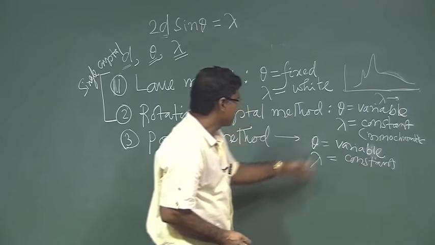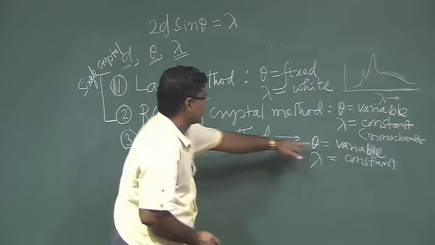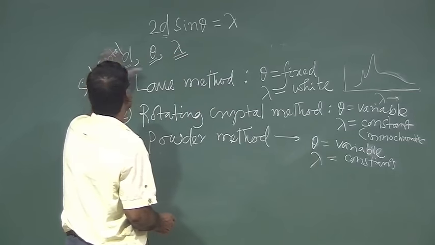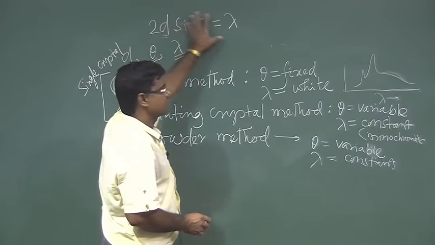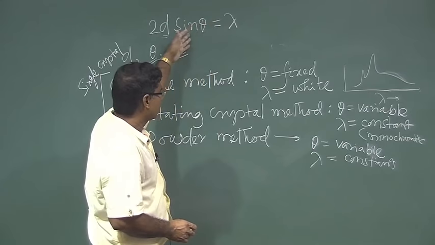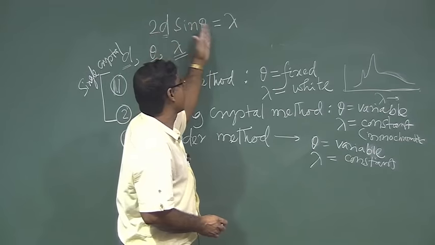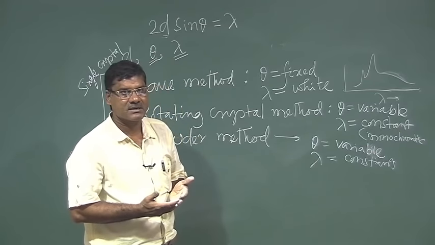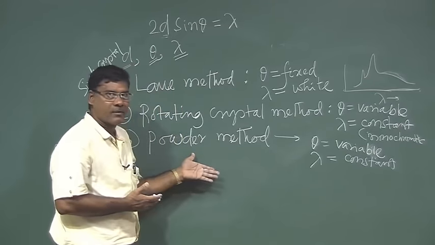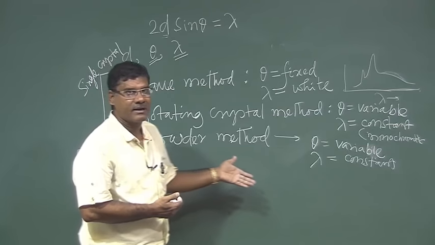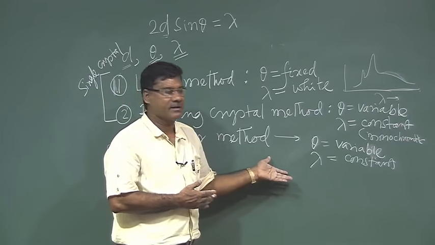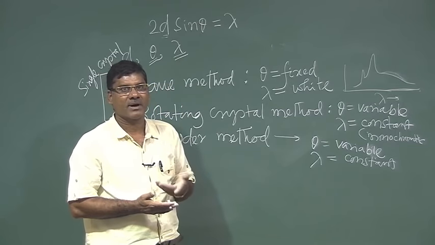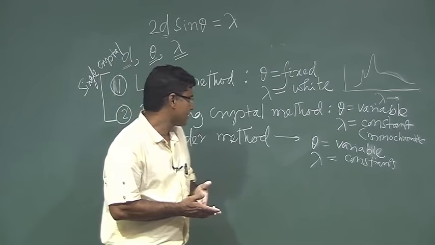So, here also we have theta variable, lambda constant. So, this relation will be satisfied for different planes at different angles. So, we will get many Bragg peaks, okay, and from those Bragg peaks we can get different d, and then different d will be related to the lattice parameter, and one can find out the lattice constant. Okay.